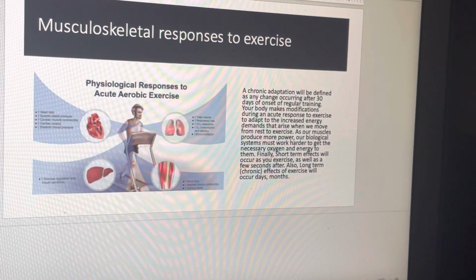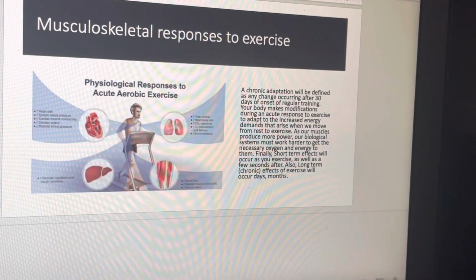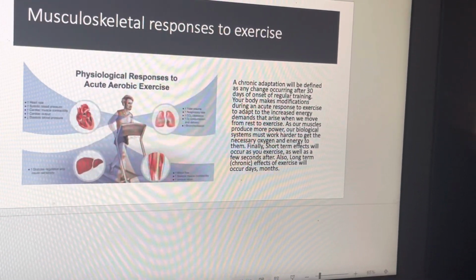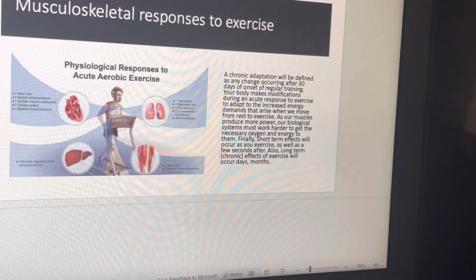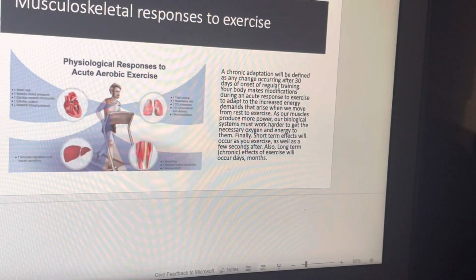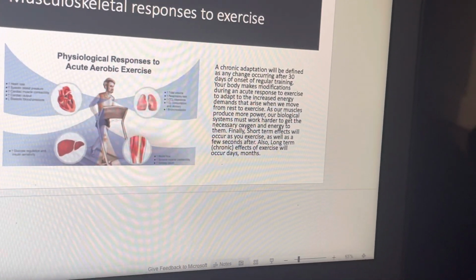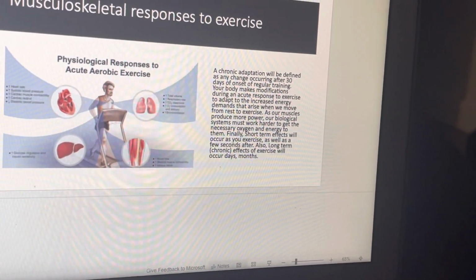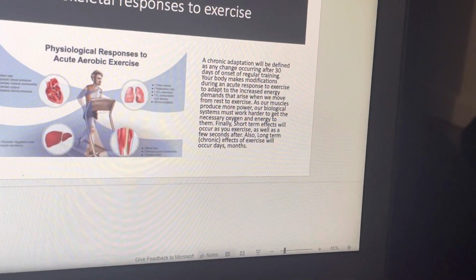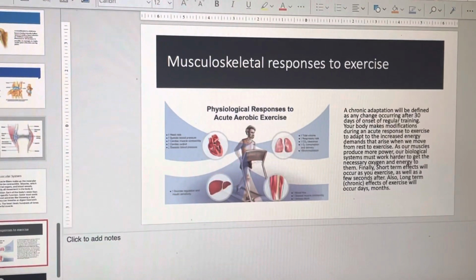As our muscles produce more power, our biological systems must work harder to deliver the necessary oxygen and energy to them. Short-term effects will occur as you exercise, as well as a few seconds after, and long-term, chronic effects will occur days or months after.